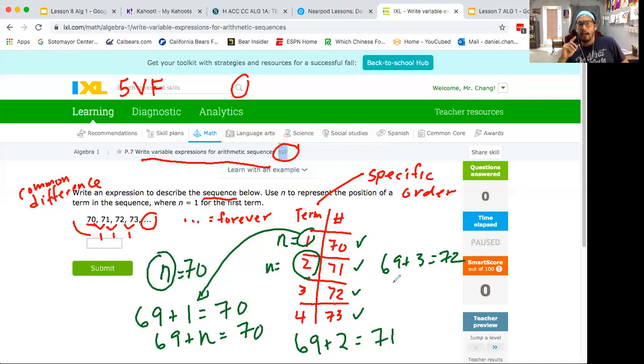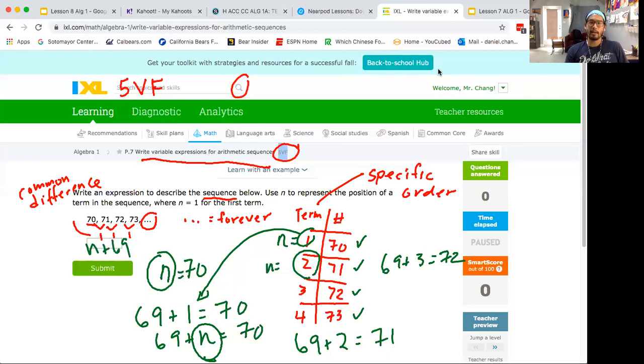And as you work on 5VF, the one thing they want you to do is put the n, the variable, first. So when I put in my answer, instead of 69 plus n, I'm going to do n plus 69 as my answer.